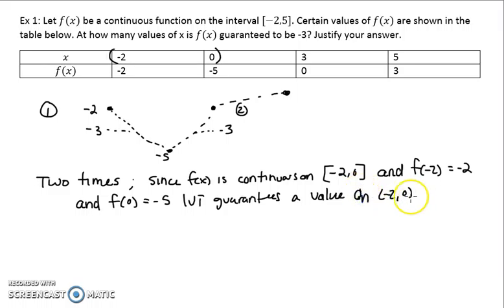So between -2 and 0, not counting negative 2 and 0. So some value on this interval such that f of x is equal to negative 3.